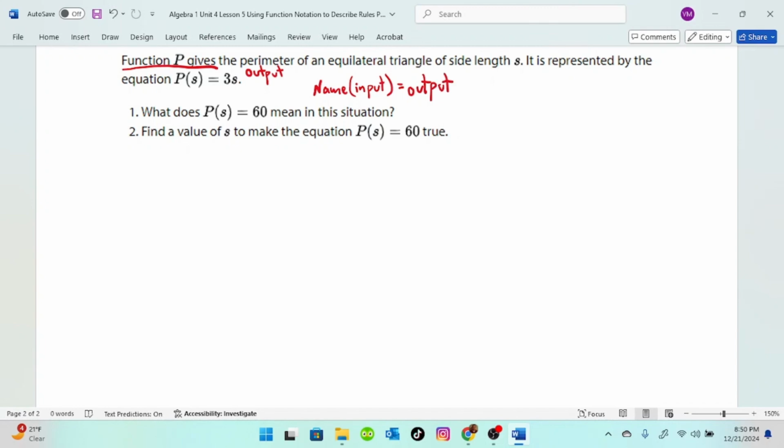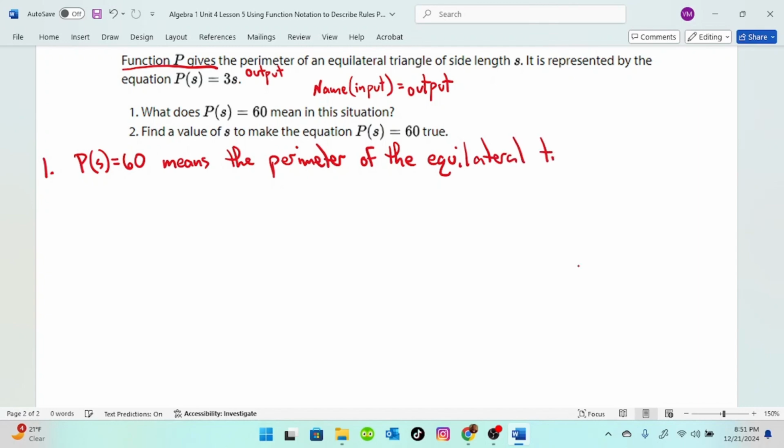So that means if the output is 60 and the output is the perimeter, P of s equals 60 means the perimeter of the equilateral triangle is 60.